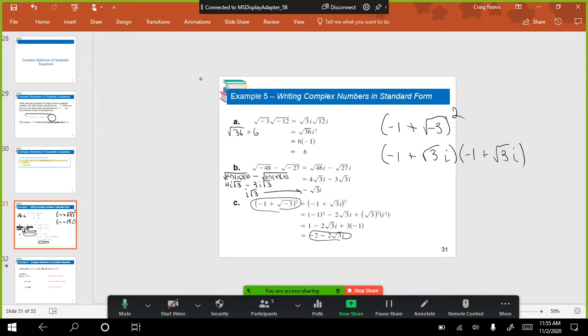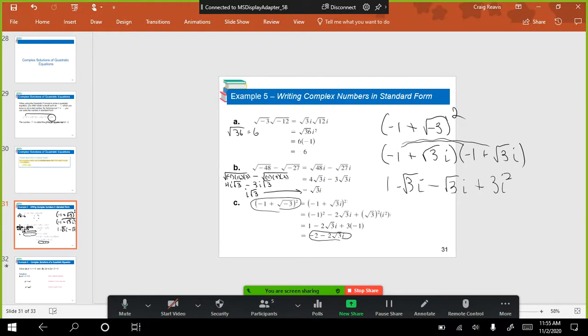So now I distribute. Negative 1 times negative 1 is 1. Negative 1 times the square root of 3i is negative square root of 3i. Square root of 3i times negative 1 is negative square root of 3i. And then the square root of 3 times the square root of 3 is 3, and i times i is i squared.